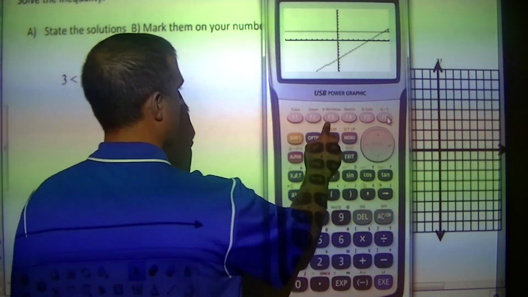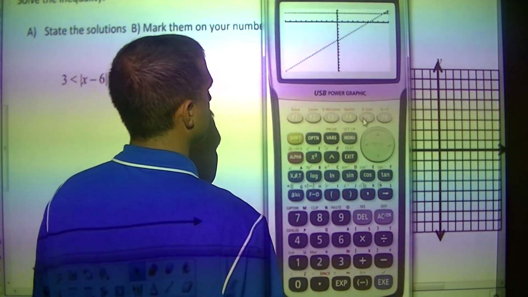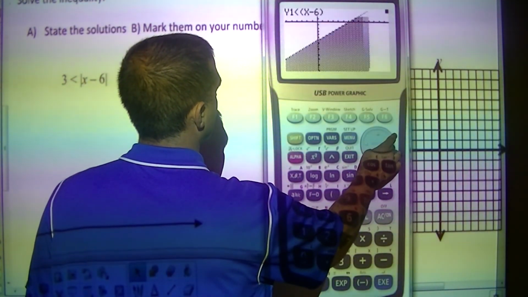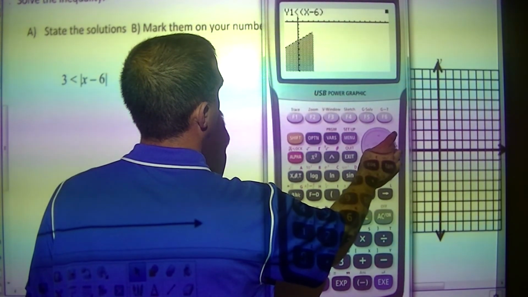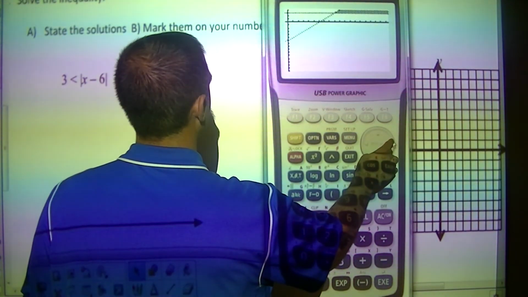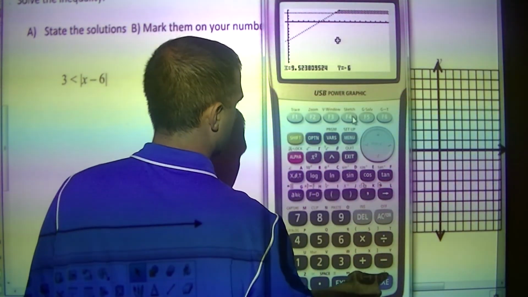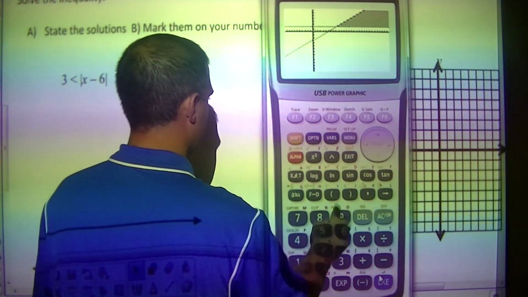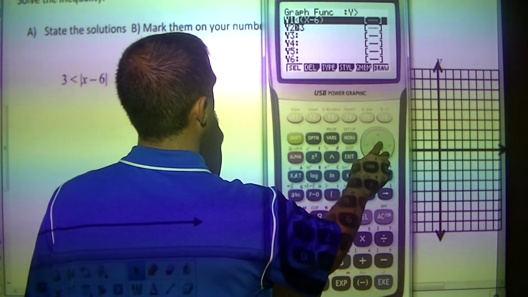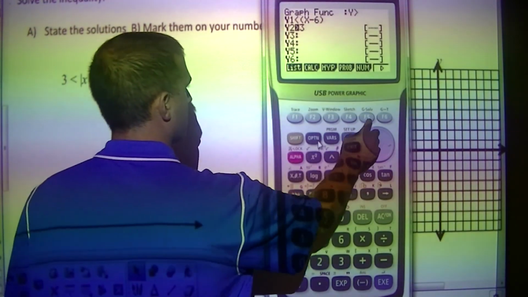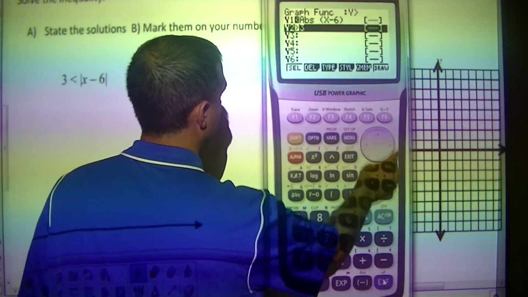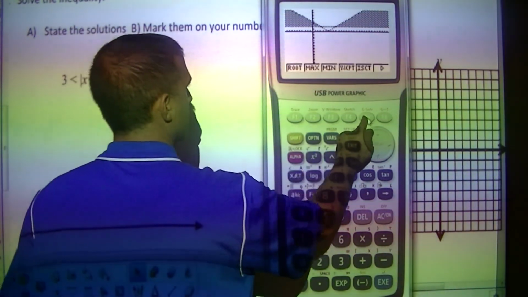I'm going to zoom auto. Let's try zooming out. Now, what did I do here? Oh, I forgot my ABS. There we go. G-solve, intersect.